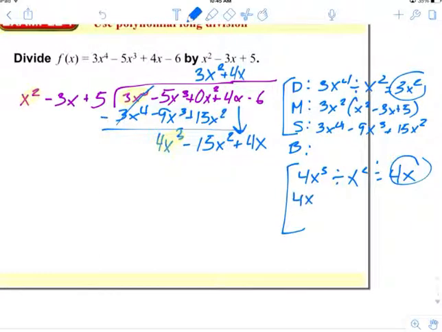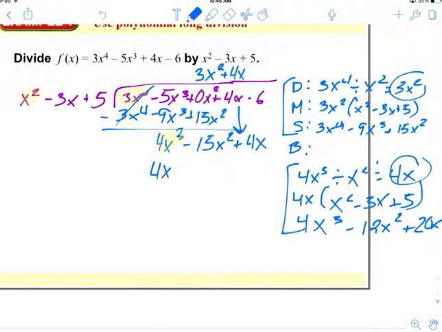So 4x times x squared minus 3x plus 5 is 4x to the third minus 12x squared plus 20x. And that's my subtraction step, so I'm going to put that back into my equation.